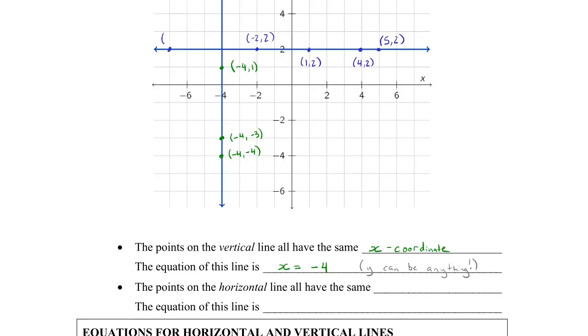All the way over here, maybe this is -7, 2. We notice that those points all have the same y coordinate. So we can say that the equation of this line consists of all the points where y equals 2. And since that equation doesn't tell us anything about x, well, x can be anything.